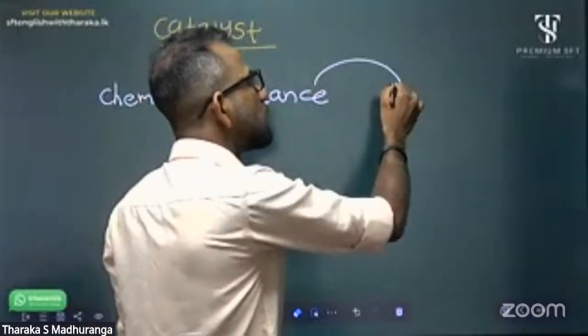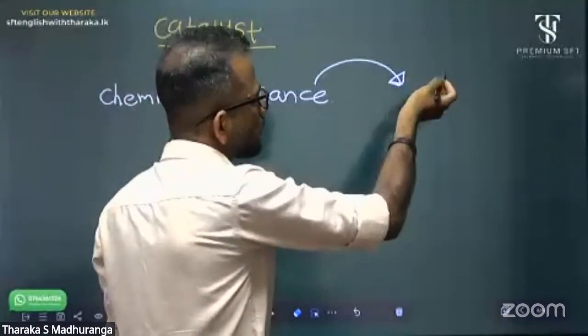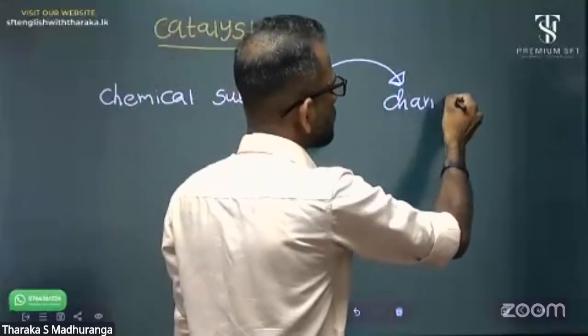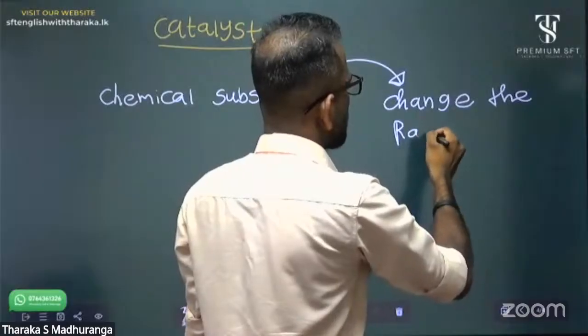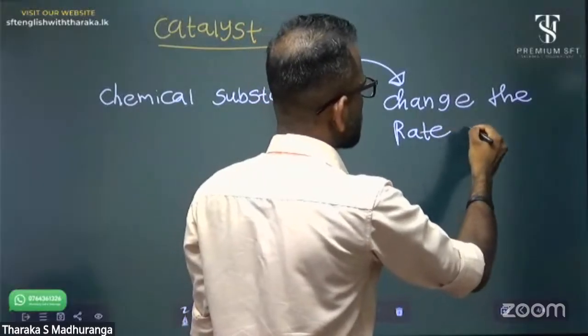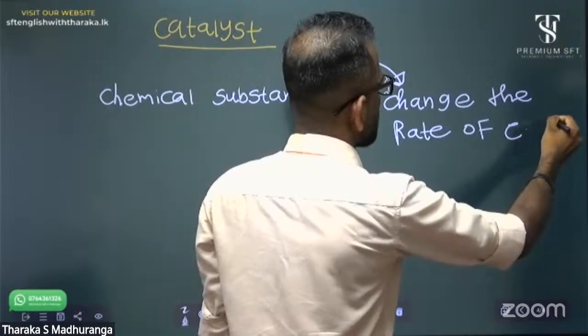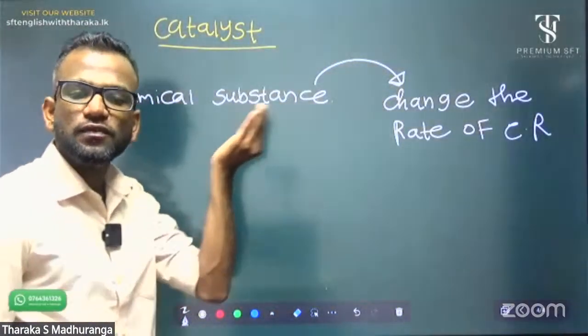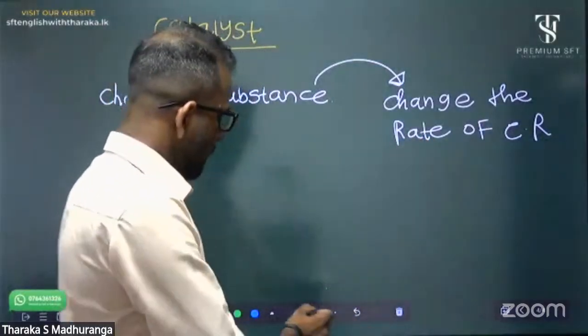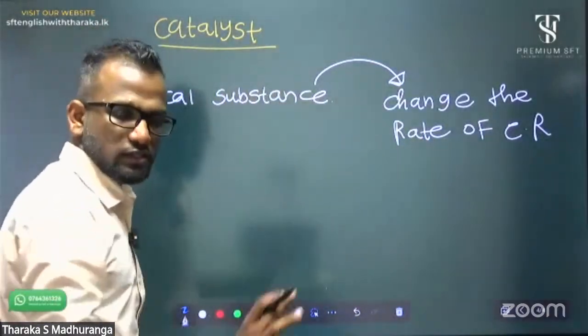They can increase the rate of chemical reaction or they can change the rate of chemical reaction, right? The interesting thing is this catalyst is not involved in the chemical reaction. That means there is no chemical conversion.